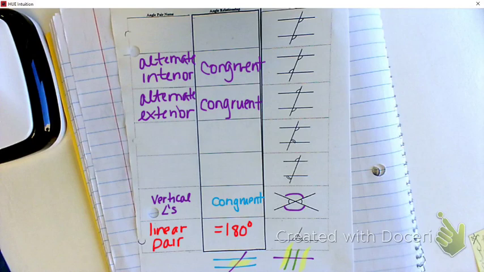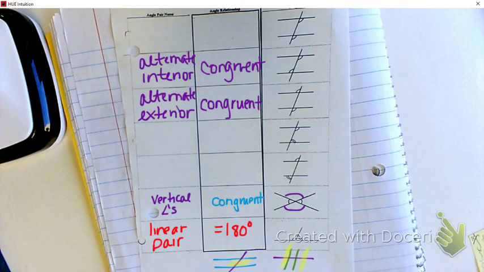Okay? Second or third, 1, 2, 3, fourth and fifth one. If you look at the fourth one, you see how those two angles are inside the parallel lines? They're inside and they're on the same side. That one's going to be same side interior. And then this one's going to be same side exterior.